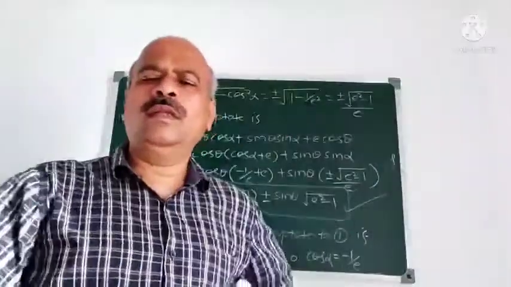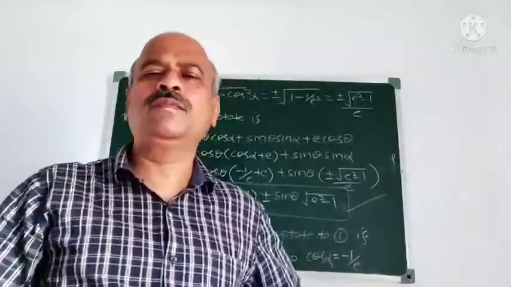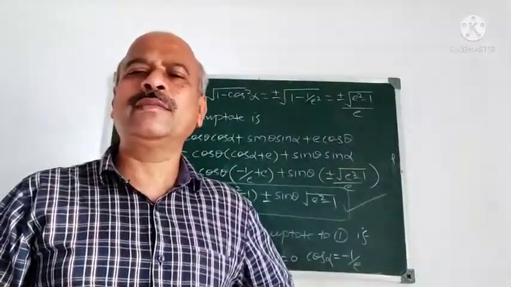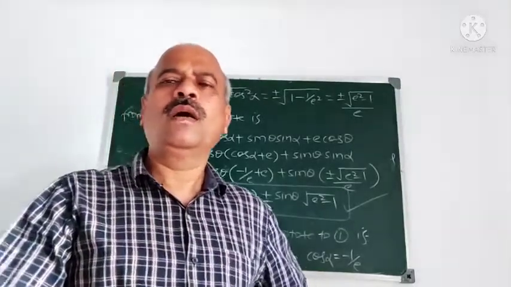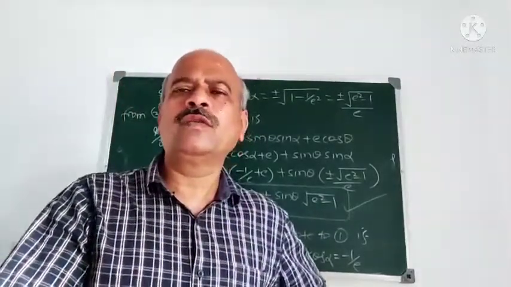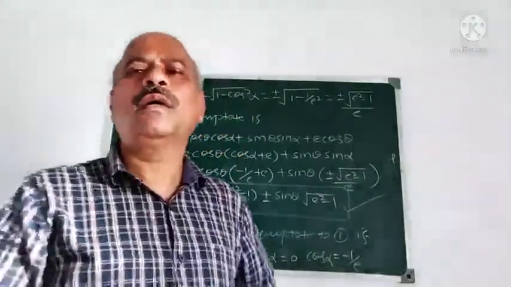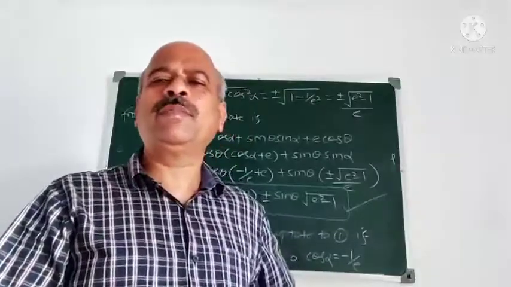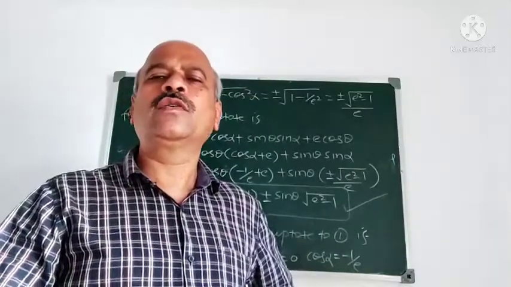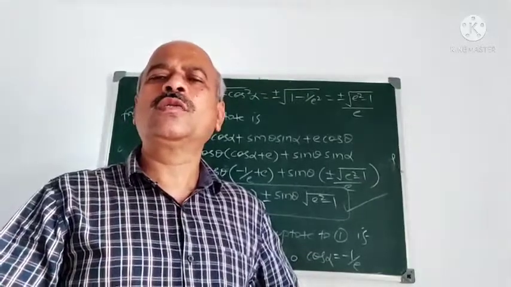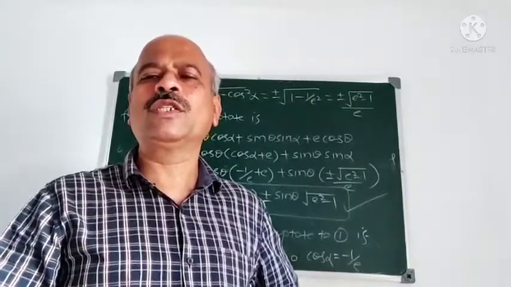Now see the questions from this topic, the equation of the chord, tangent and asymptote. Usually for Karnataka University degree examination, it is second sem paper 2, and the question may be: derive the equation of the asymptotes to the conic L by R is 1 plus e cos theta.